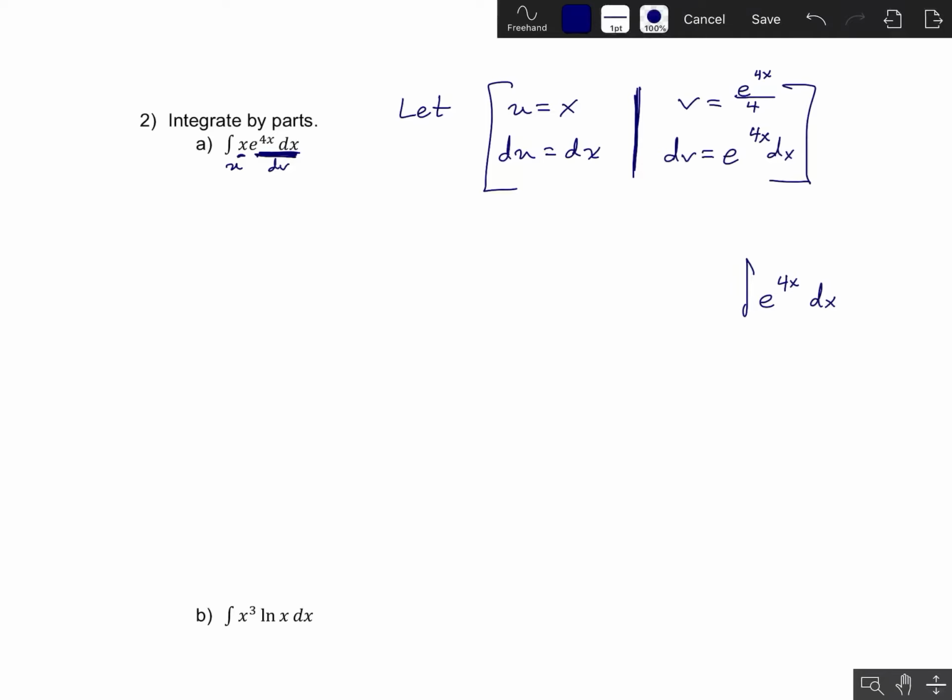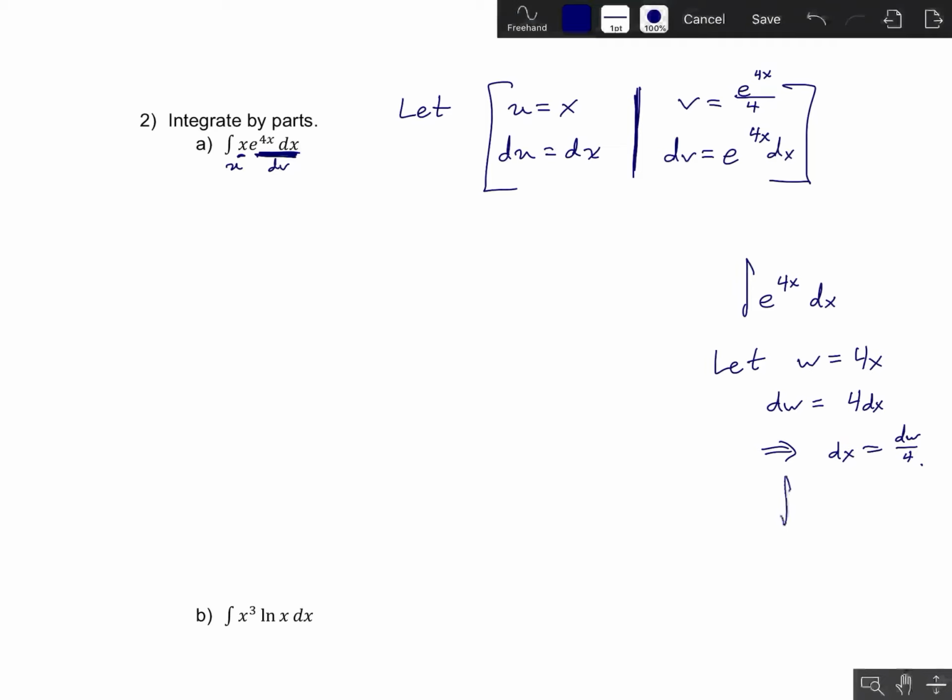Now this is a little bit confusing because unfortunately I've already used the letter u. So maybe I'll use the letter w here. So w is going to equal 4x. Then that means that dw is equal to 4dx. And that means that that dx in our original integral could be replaced with a dw over 4.